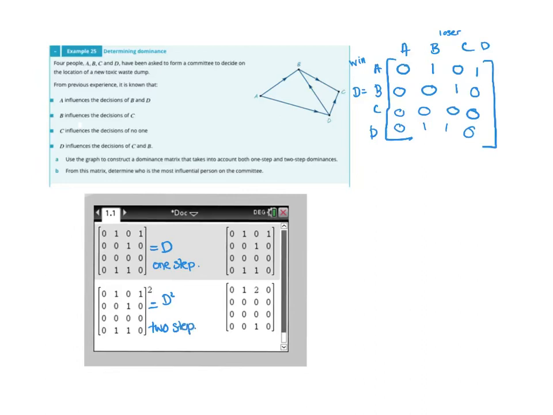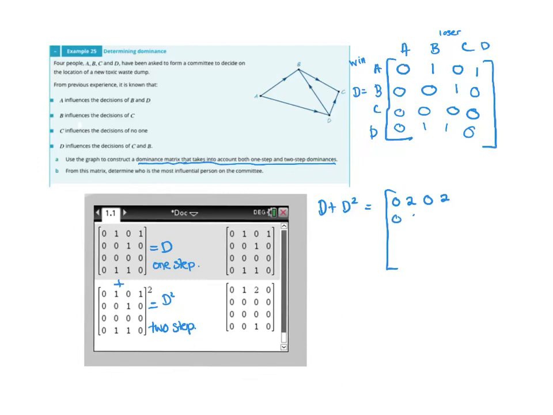So I've constructed a dominance matrix, or let's say a graph, to construct a dominance that takes into account both 1 and 2 steps. That means I've got to add them together, because they just want one matrix. So you add the corresponding elements.